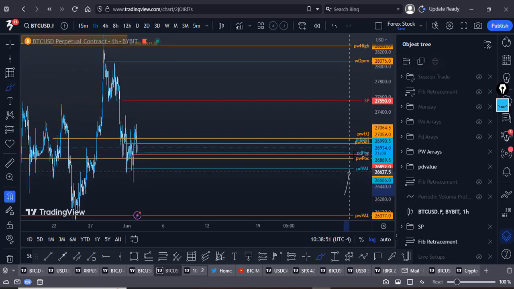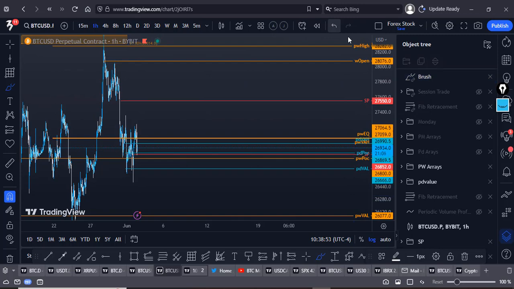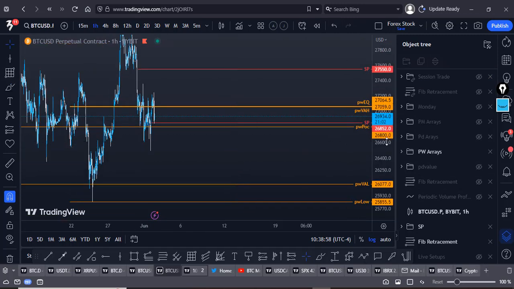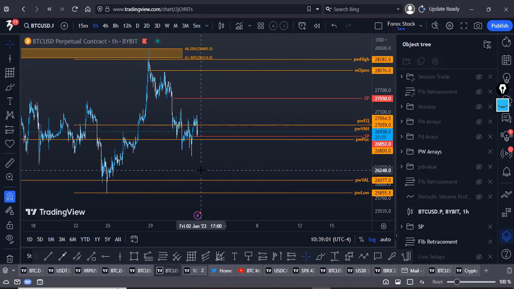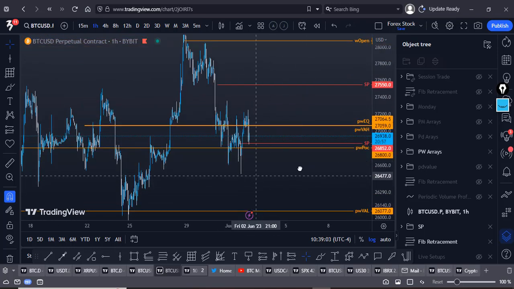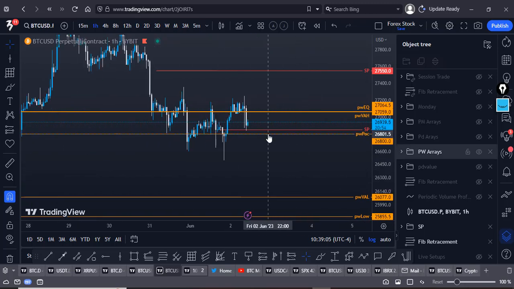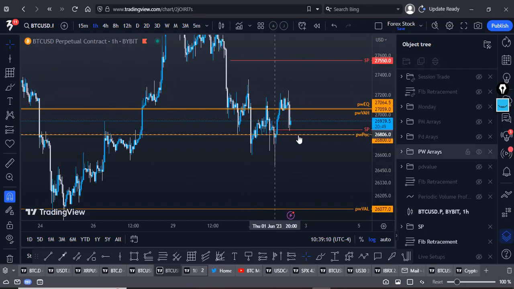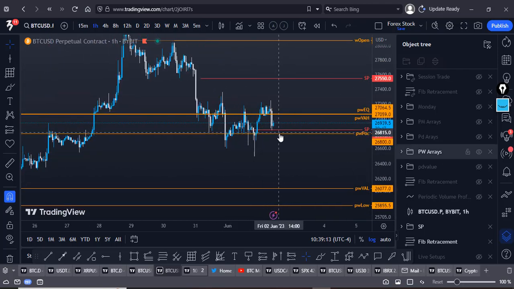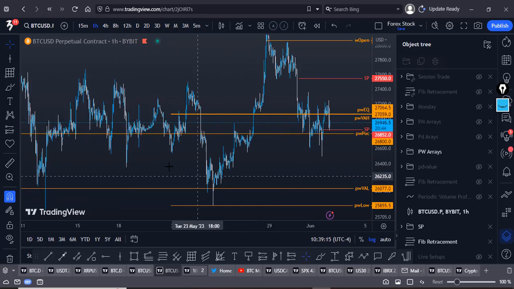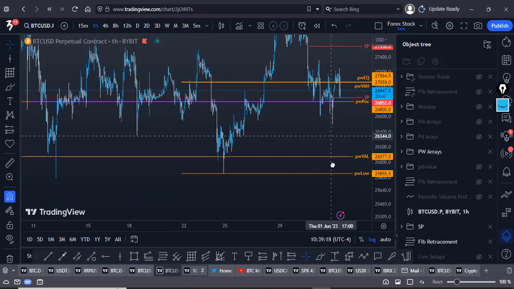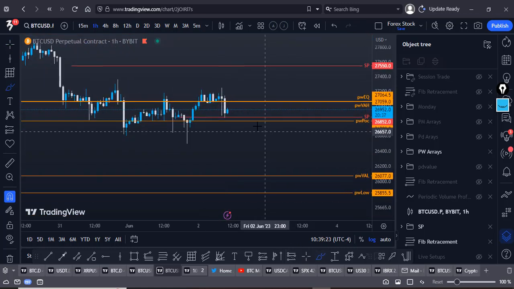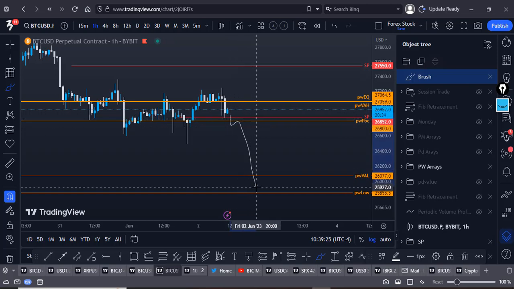Okay, so right now we are above the previous weekly POC. That is a good sign of strength. Until and unless we are above this previous weekly POC, we are good. And if price breaks this key level, the previous weekly POC, then there is a chance that we are going back to the previous weekly value area low, or maybe to this previous weekly low.